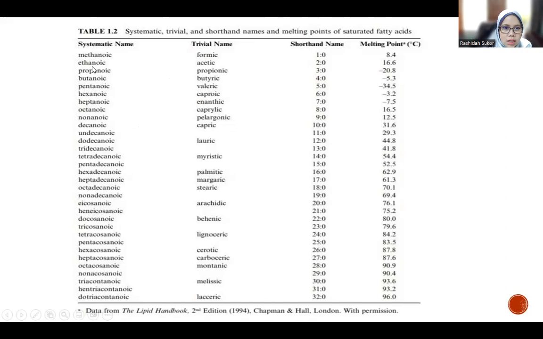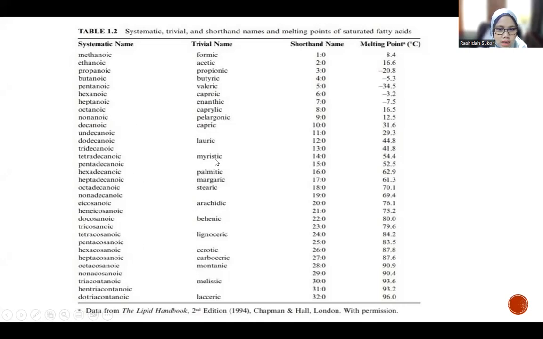Ethanoic acid is acetic acid, carbon 2. Propanoic acid, butanoic is carbon 4. Remember we used to memorize this during our organic chemistry? Hexa is always 6, octa is always 8, deca, nona. So these are the trivial names.